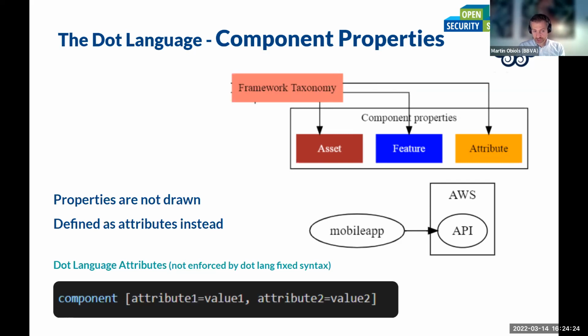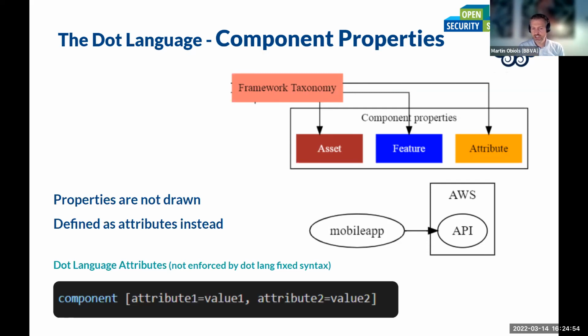But the good thing about the DOT language is that it's not very strict. It allows you to create arbitrary attributes, so you can put there whatever name you want, and even if the compiler does not recognize it, it will just ignore it, and the compilation will still work. So this is in some sense extensible, so you can put in the same file that will later be compiled into the graph anything you want, as long as you conform to the syntax that the DOT language imposes.